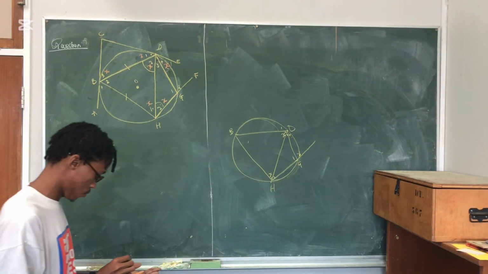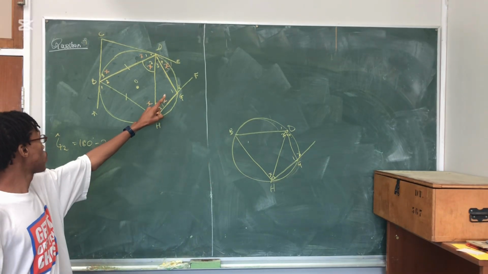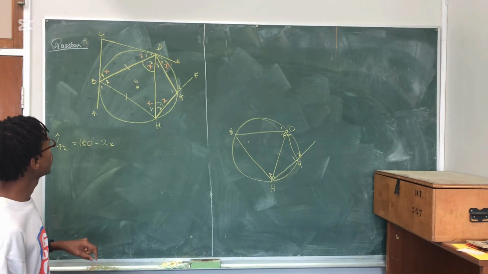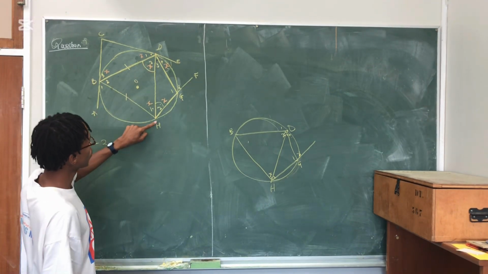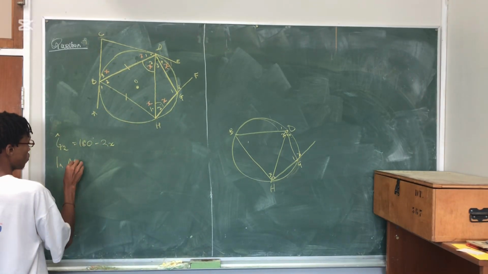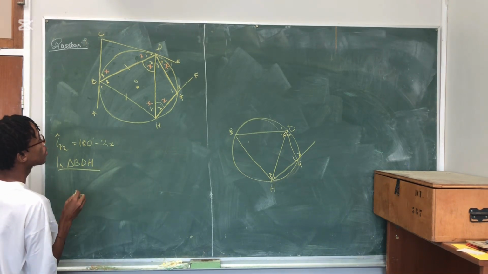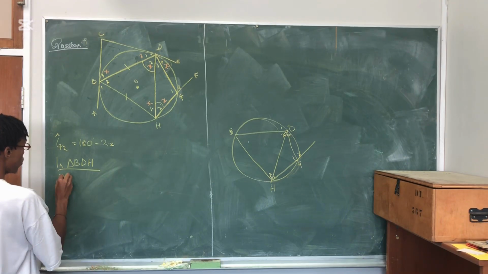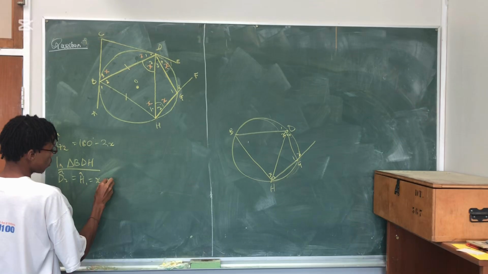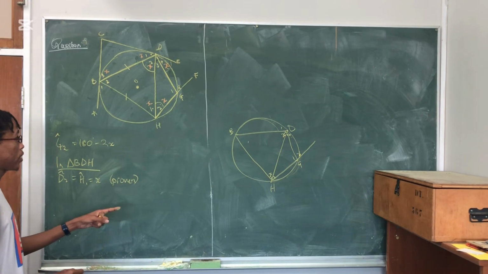So, we have to prove that G2 is equal to 180 minus 2x. One way we can do this is by looking at this triangle, the BDH triangle. In the BDH triangle, we've already been told that D2 is equal to H1 is equal to x. We've already proven that, right?